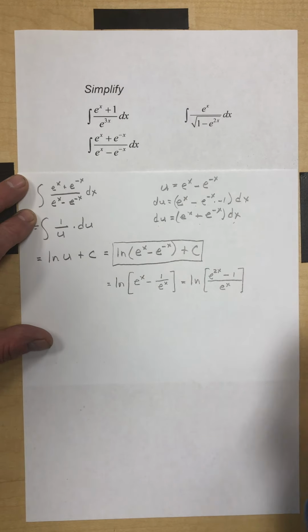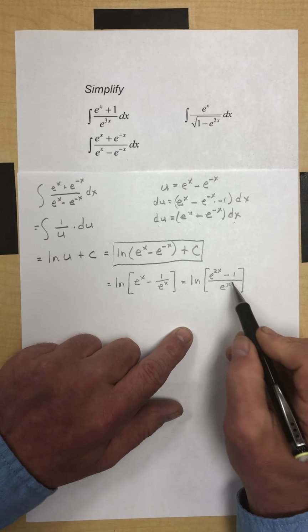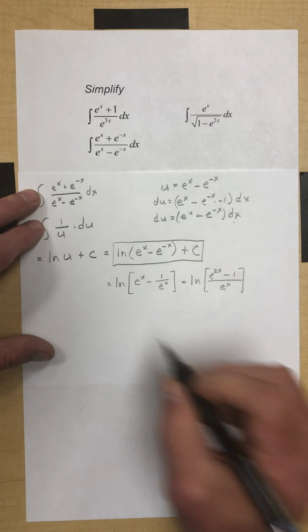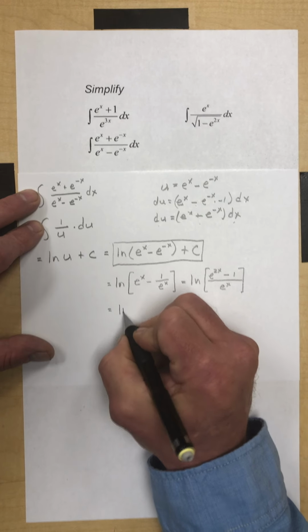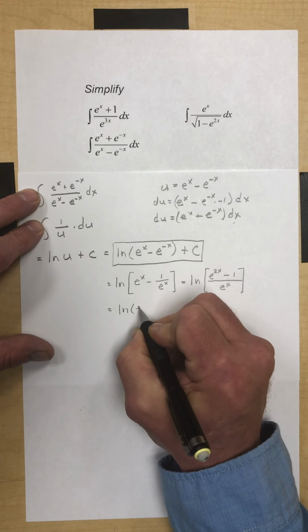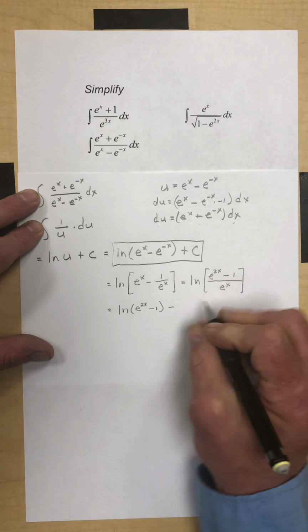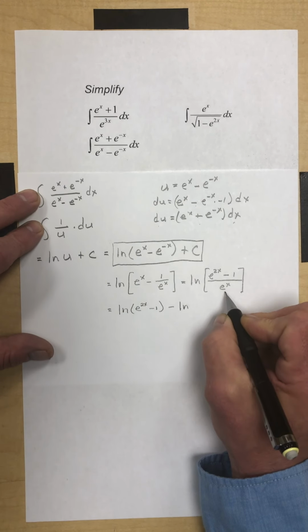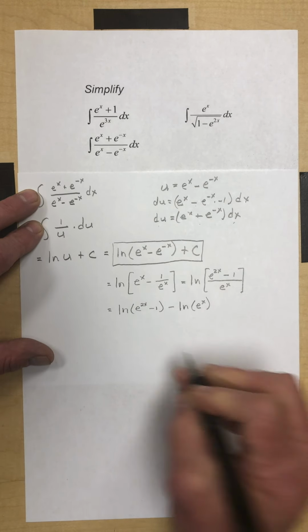Now, here's the reason why I was taking a look at that, because now notice we have a log of a quotient, so I can use the quotient rule. So we take the natural log of the numerator, e to the 2x minus 1, minus the natural log of the denominator, which would be e to the x.